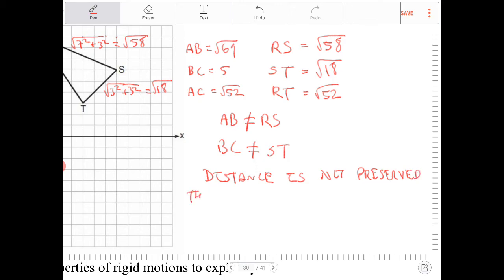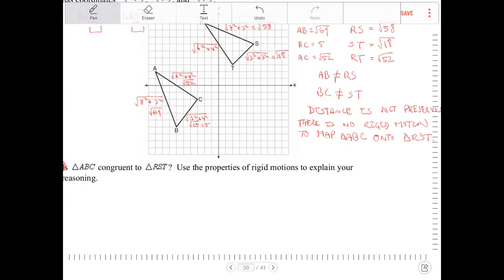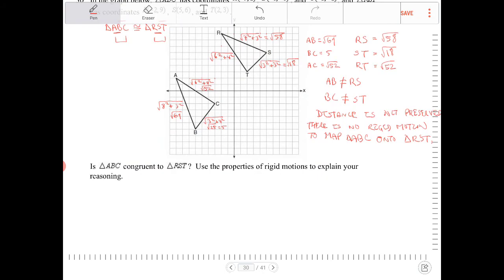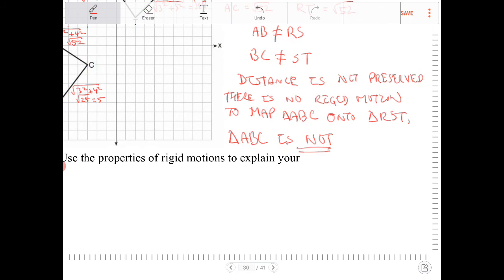There is no rigid motion to map triangle ABC onto triangle RST. Triangle ABC is not congruent to triangle RST.